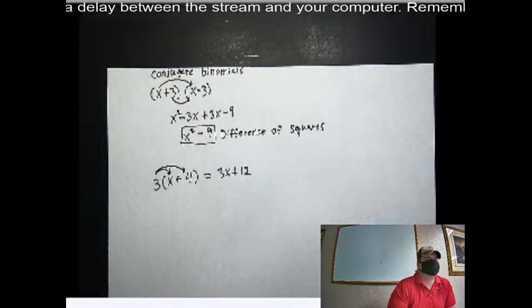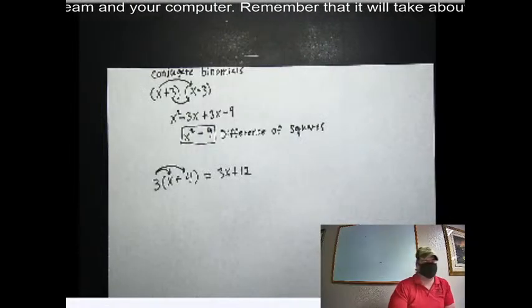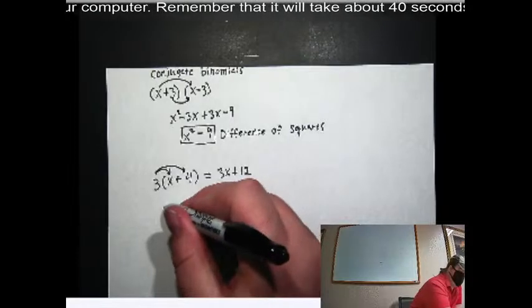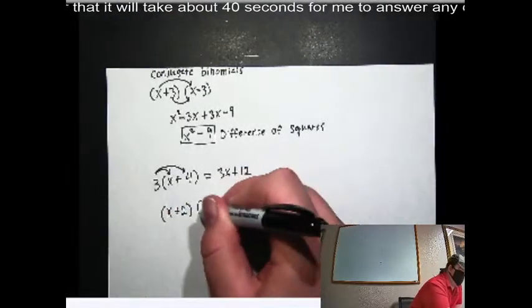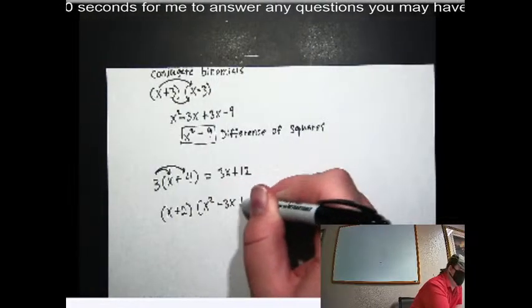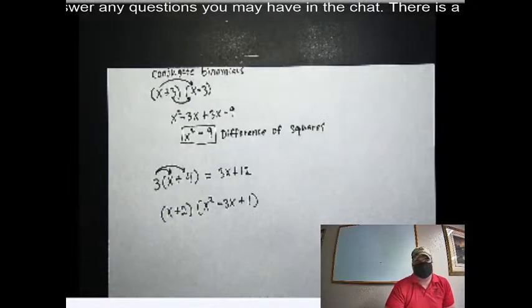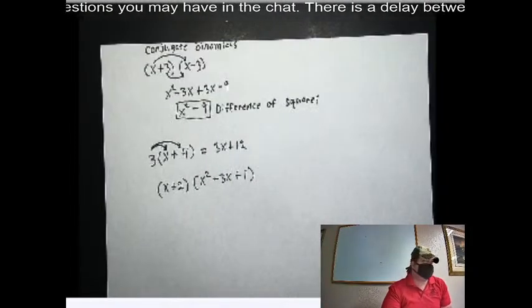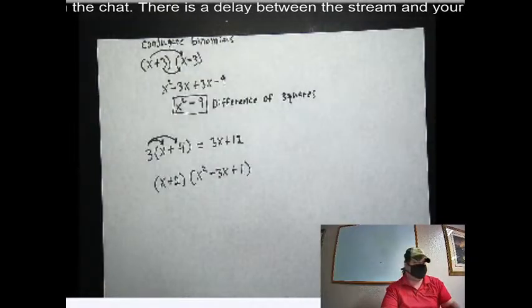Okay. So we can multiply binomials together. We can multiply a monomial by a binomial. What about a binomial times a trinomial? Yeah, sure. Again, it's just distribution, but we got to take it one step at a time.